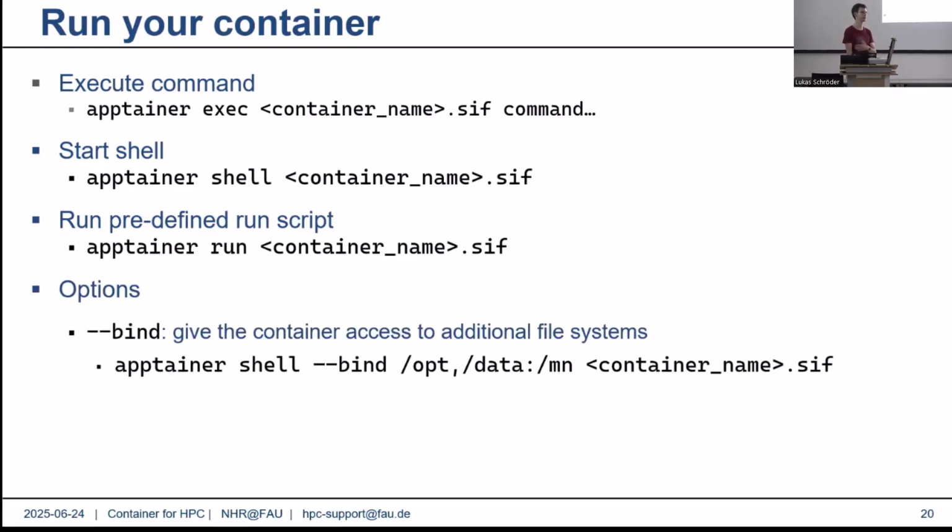Then probably the most important option is bind. Then you can bind, for example, opt or data, or in our case, the A NVMe, H NVMe workspaces to the container. You can also bind multiple things, and I'll also show how to bind MPI files later on.